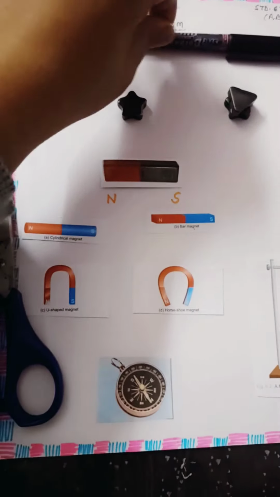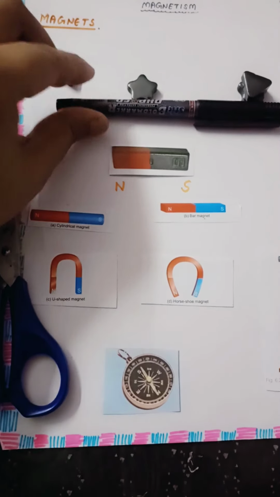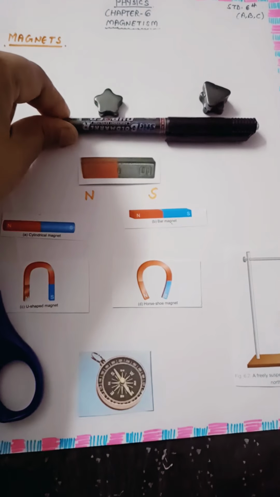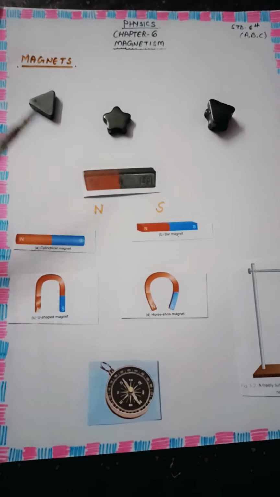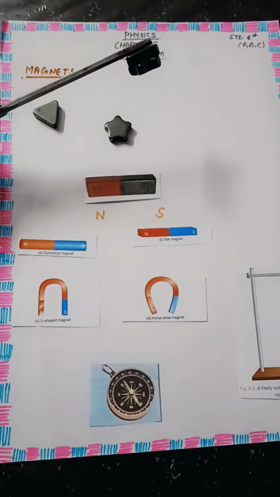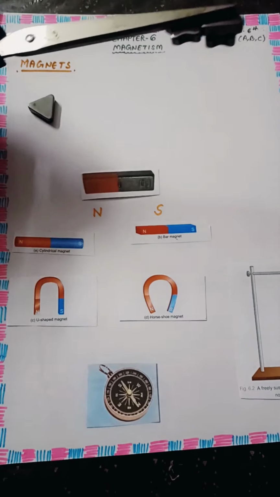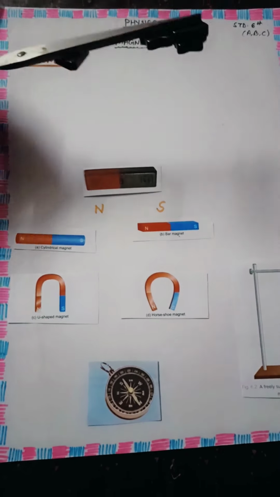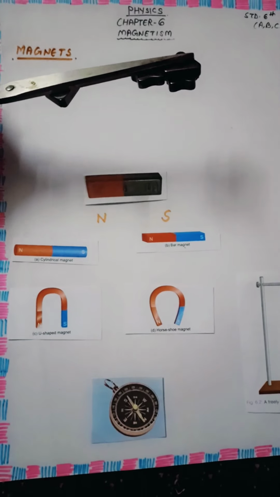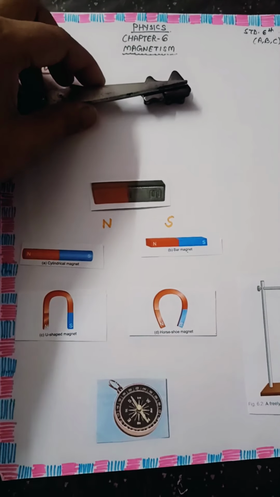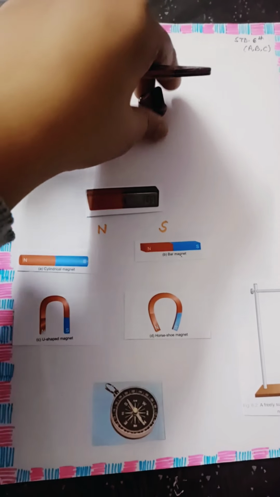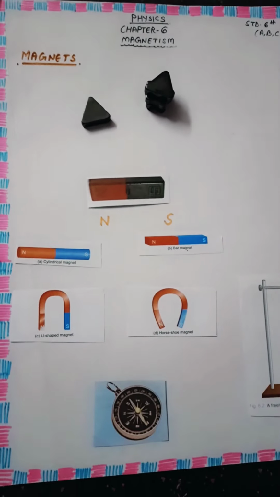In the same way, this pen is not getting attracted because it is made of plastic. Now we'll see this pair of scissors. See, the magnet is attracted to this one also and this one also. So this is the property of a magnet, that it gets attracted towards a few kinds of substances.